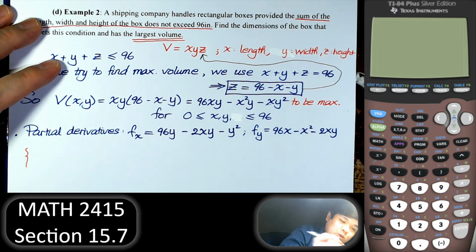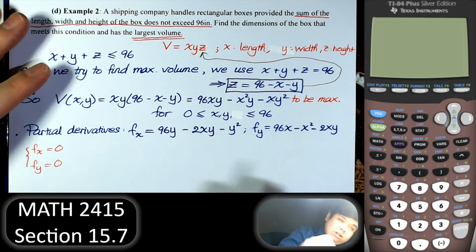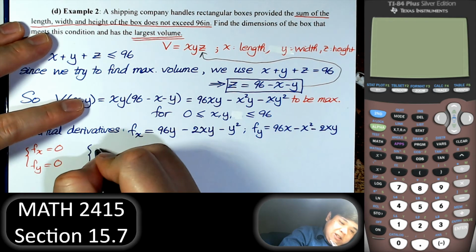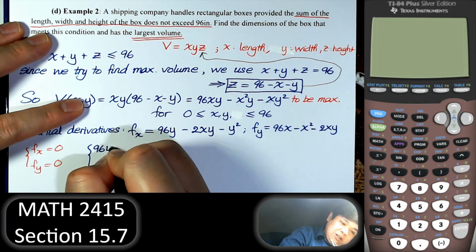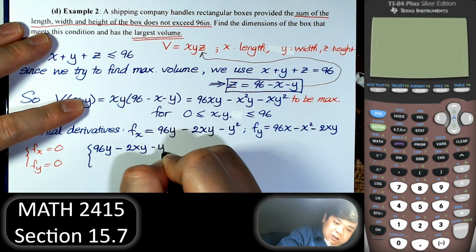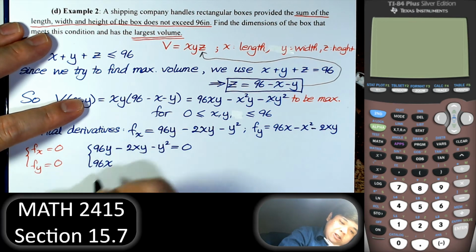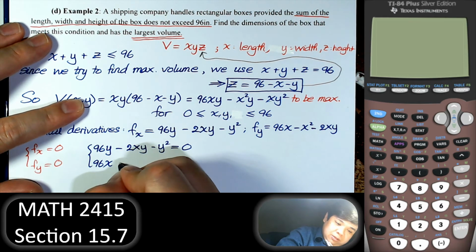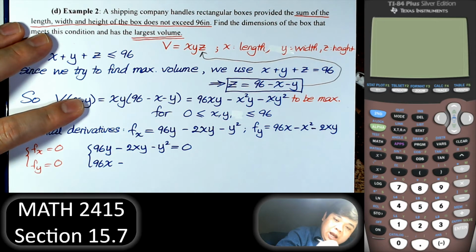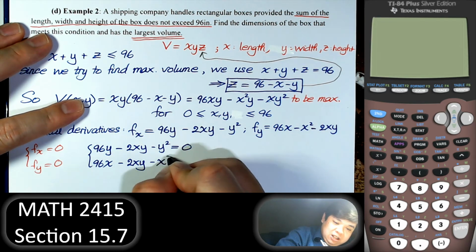Next we set the partial derivatives equal to 0. I'm writing the 2xy and minus x squared like this instead.